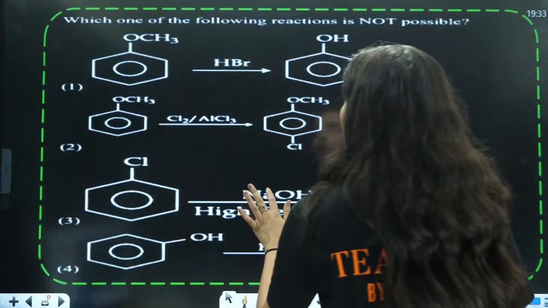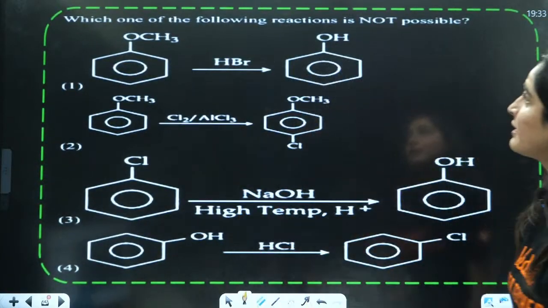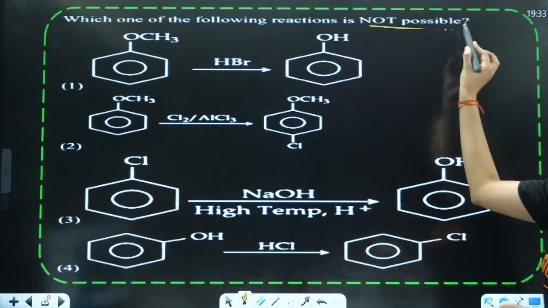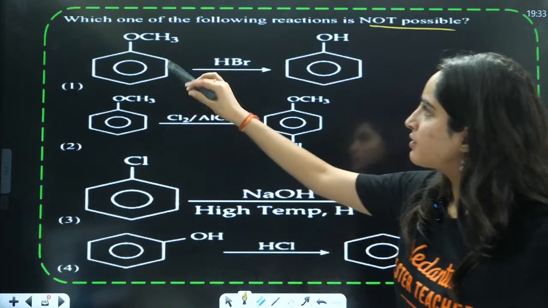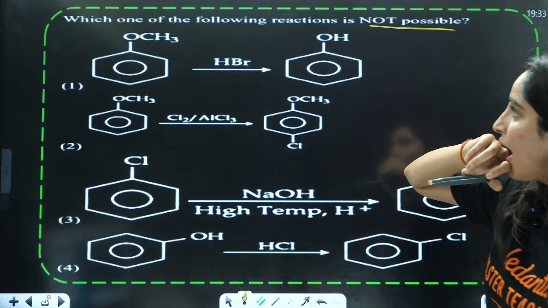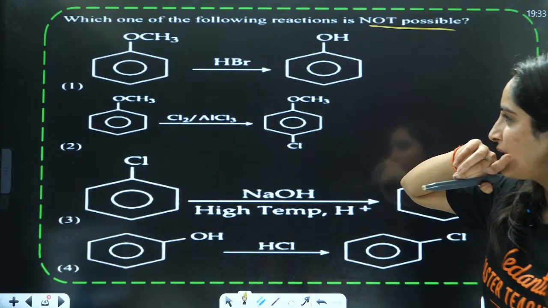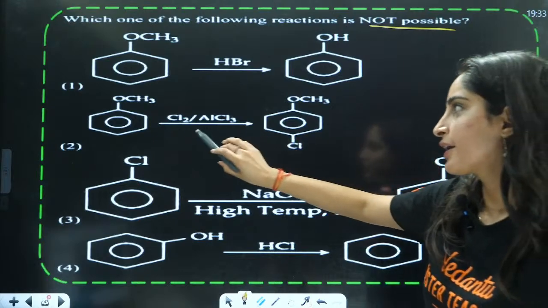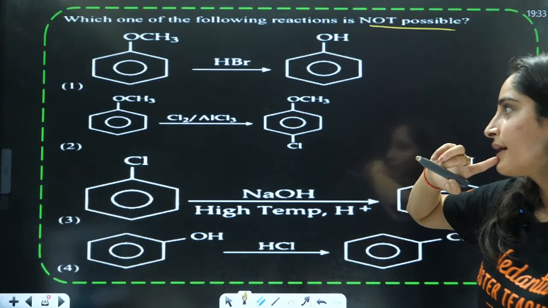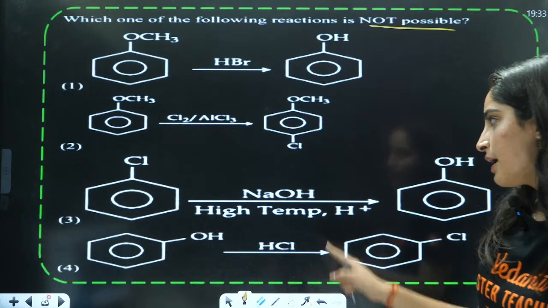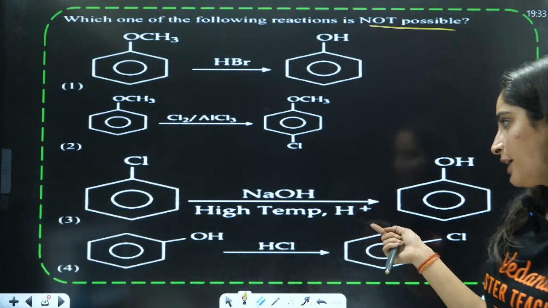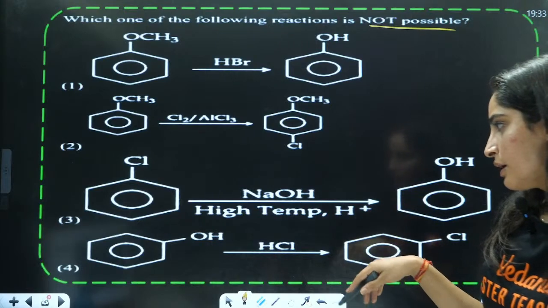Next is, which one of the following reactions is not possible? If you talk about this, OCH3 with HBr, okay, here they are giving you Cl2 with AlCl3, it is going to produce Cl positive. NaOH at high temperature is also possible.